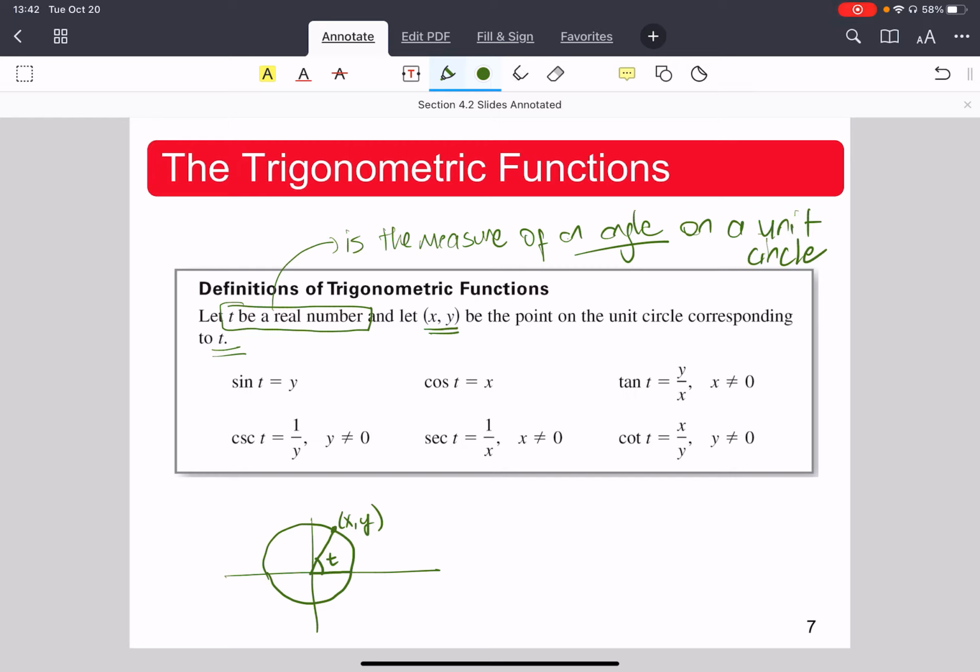Based on this information, we're going to let sine be y, which is the vertical distance. So this is always my vertical distance. And we define cosine by x, which is the horizontal distance.